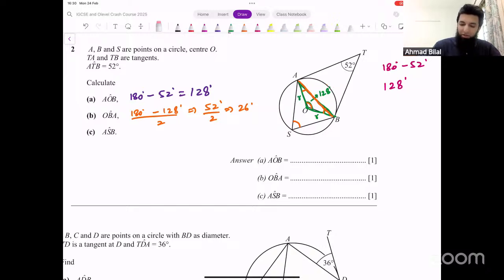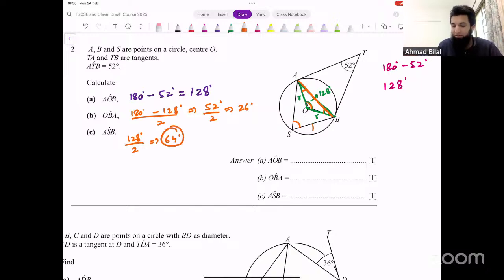What about that same chord making another angle at the circumference? Angle at center is supposed to be twice the angle at the circumference. So the angle at the circumference is going to be 128 divided by 2, and that's 64 degrees.